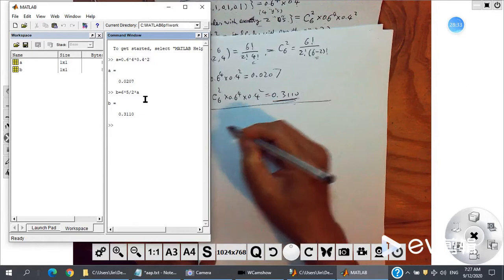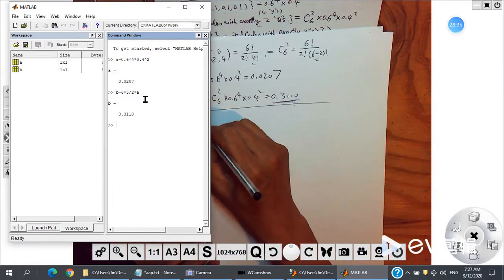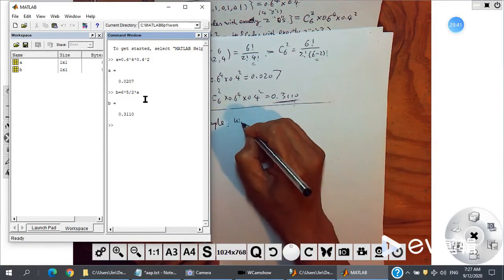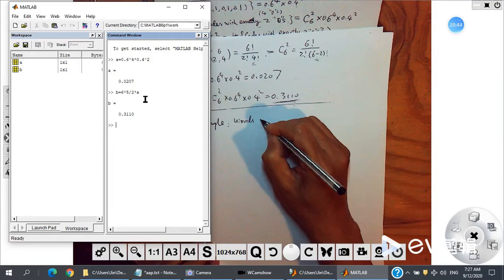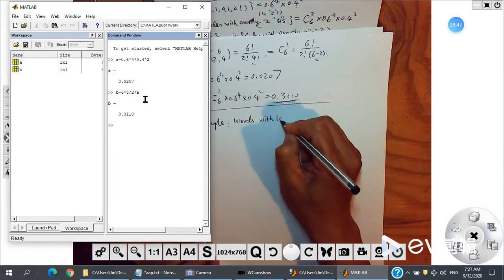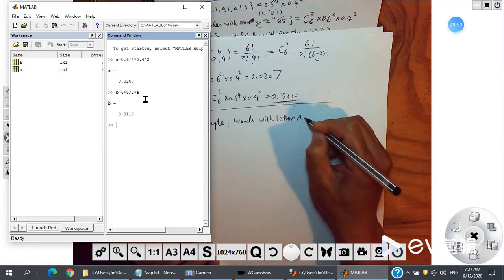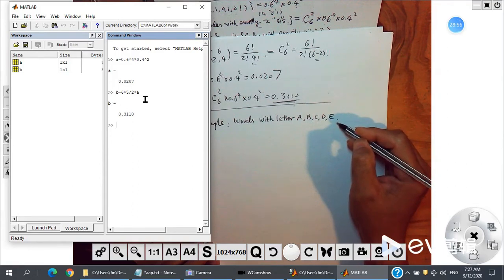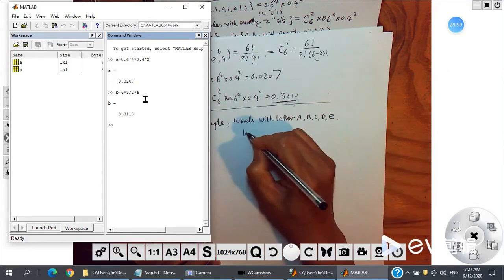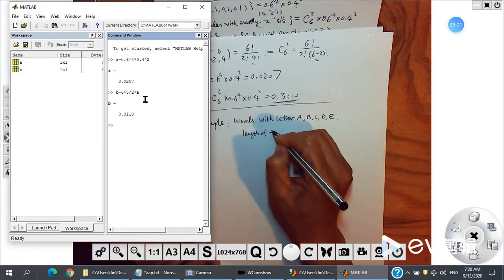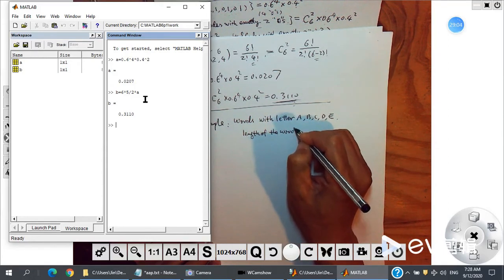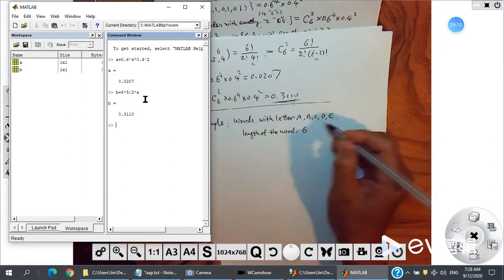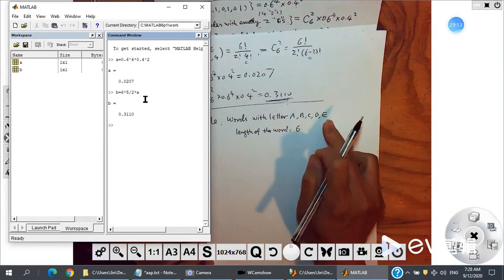Now we consider an example like a word with letters A, B, C, D, E. So 5 letters, and the length of the word is 6. I pick 6 from A, B, C, D, E.